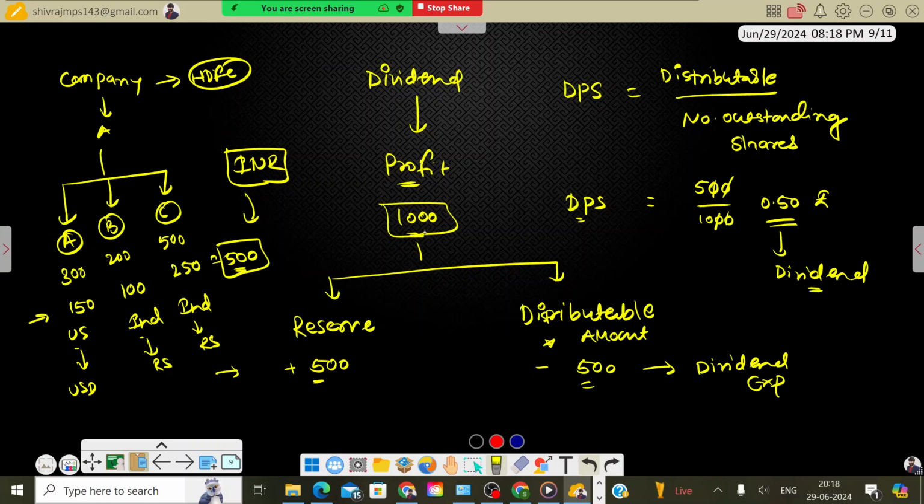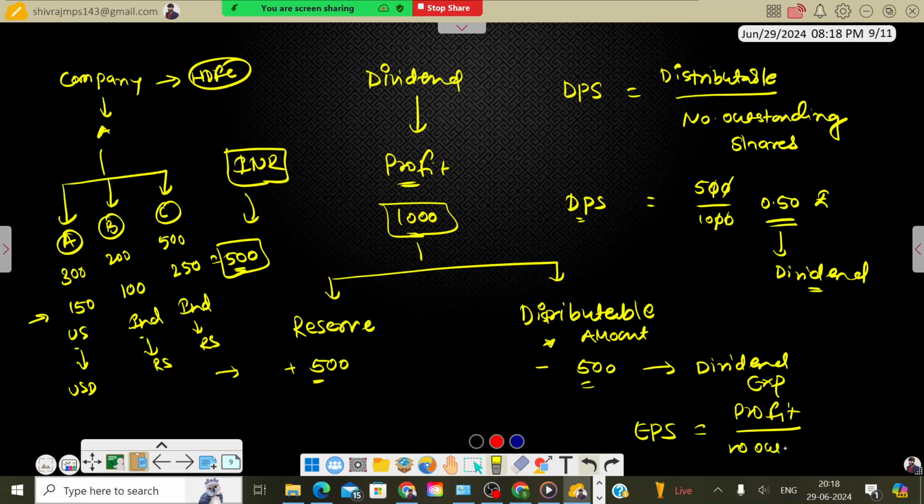If you calculate DPS and EPS, you would see a difference. EPS would be your total profit divided by the number of outstanding shares.